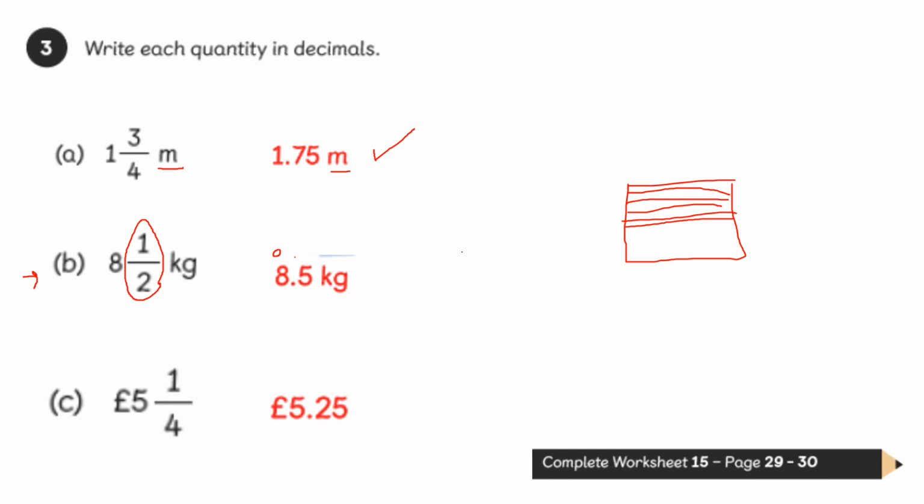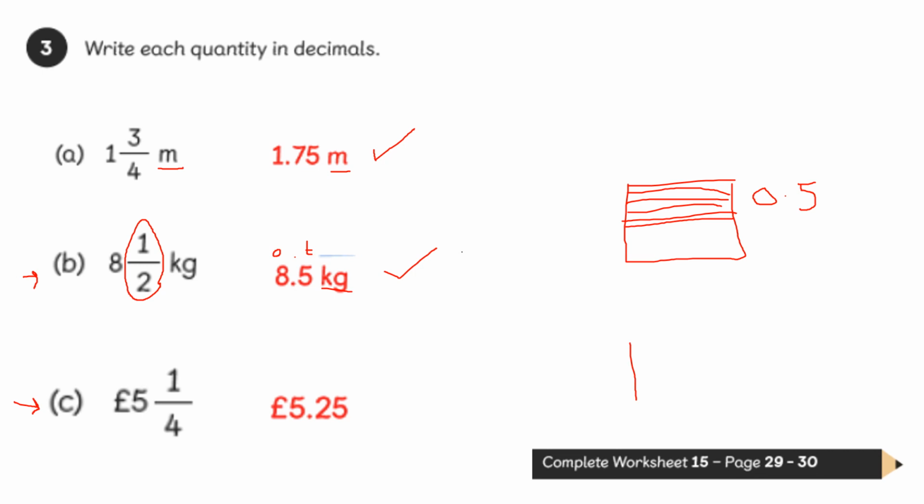So we know that 5/10 had been shaded in. So that's also the same as a half. And we know that we would then write that as 0.5 for 5/10. But remember, we don't have just 1/2, we've got 8.5. So we would write that as 8.5 kilograms. And don't forget, as I said, your unit of measurement of kilograms.